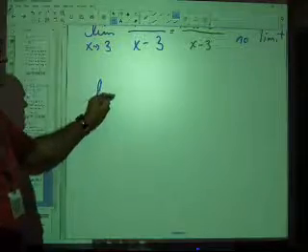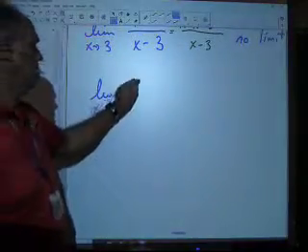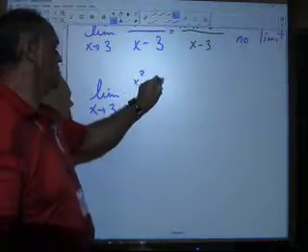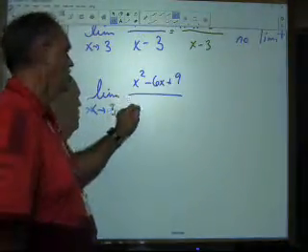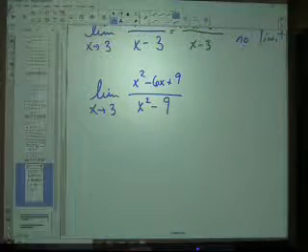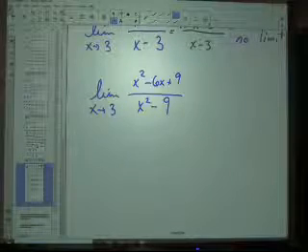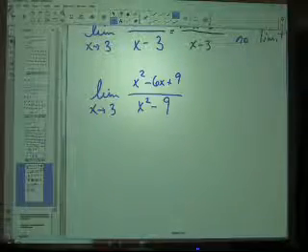So we can say things like the limit as x approaches 3 of, let's see, x squared minus 6x plus 9 over x squared minus 9. Now, we got to recall our Algebra 2 skills. Remember those factoring skills you guys worked hard on in Algebra 2?